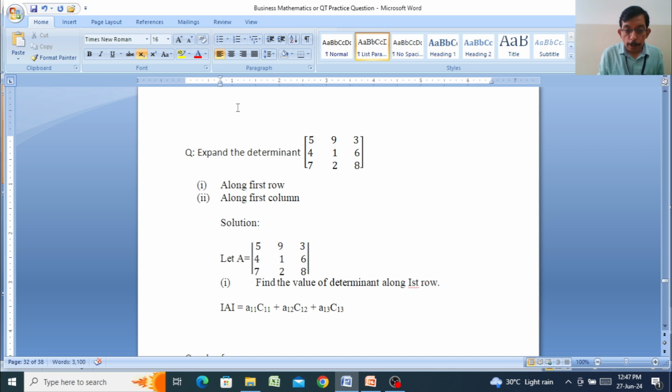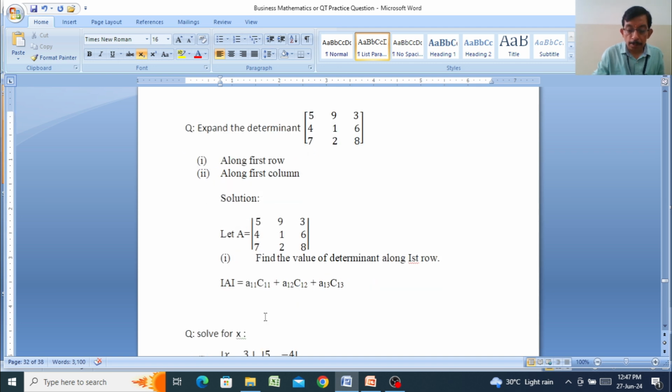Now we put in all the values. First we calculate the cofactors C11, C12, C13. After that we put the values in this equation.